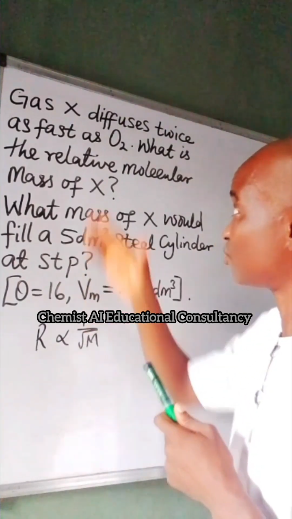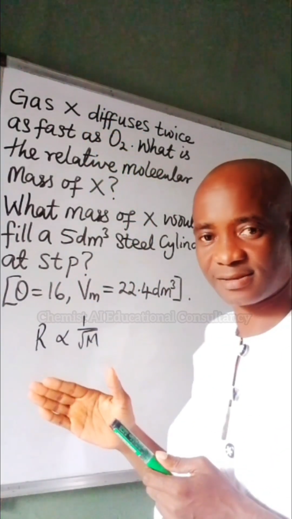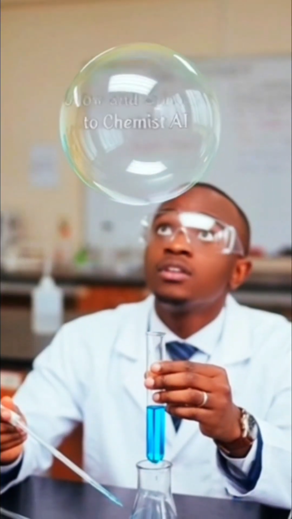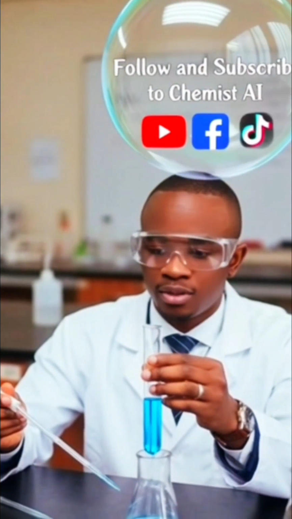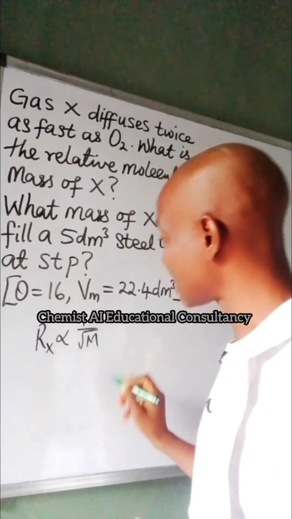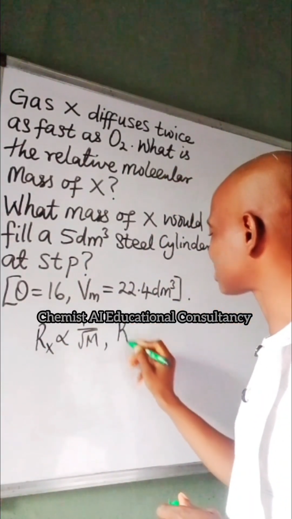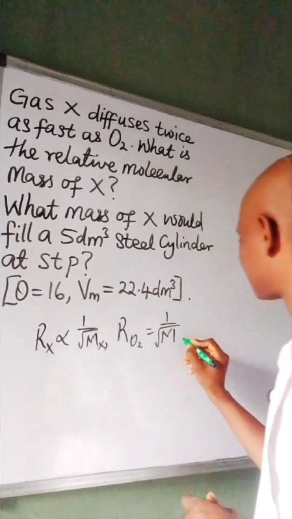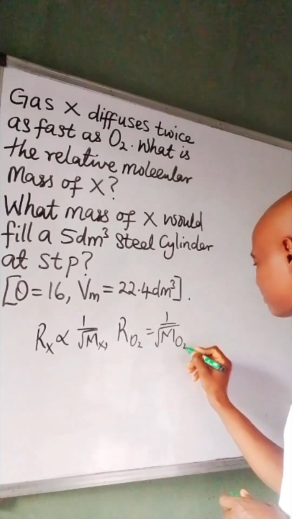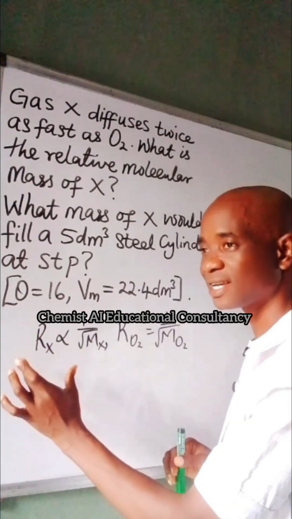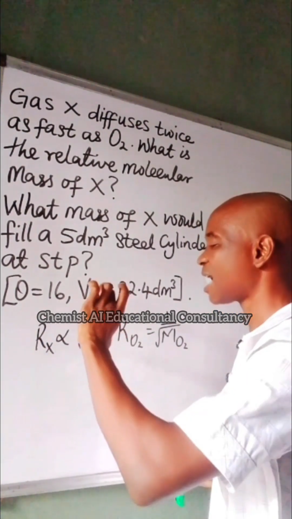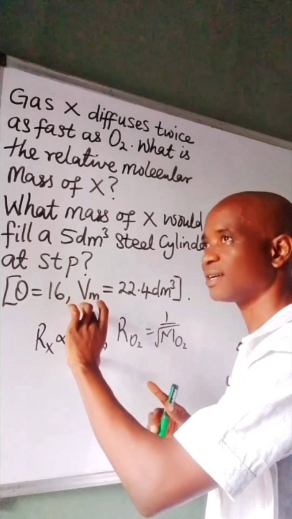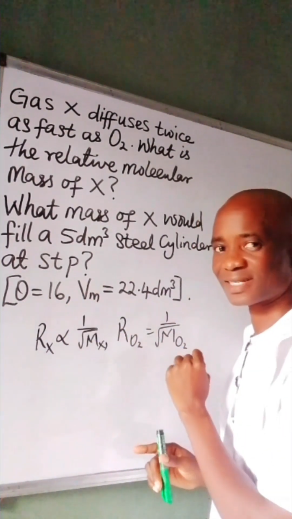But this time around, we are comparing two gases, gas X and gas oxygen, so relative molecular mass of X and relative molecular mass of oxygen. Because of that, we can now take ratios of rate and 1/square root of molecular masses.